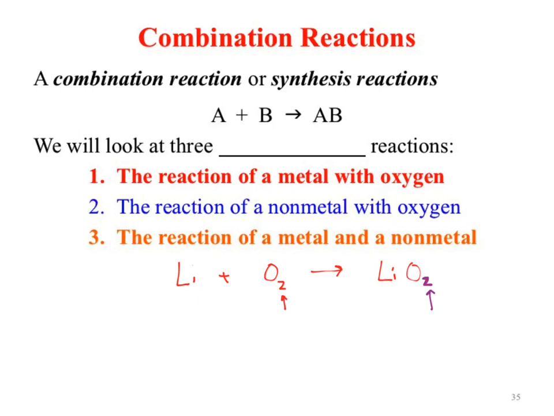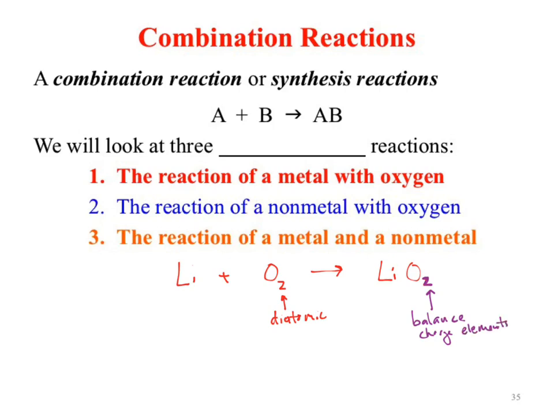Because why? You guys actually said earlier why it's a red 2. It's diatomic. Why should there be a purple 2? I need to balance the charge of my elements in that compound.